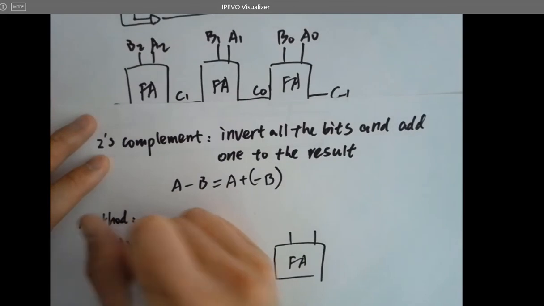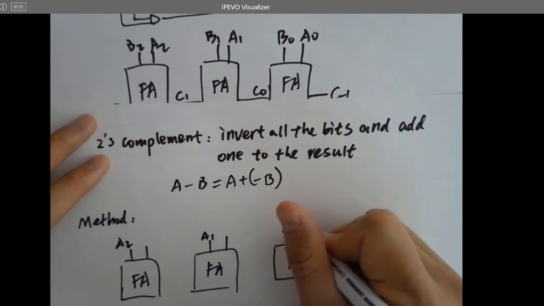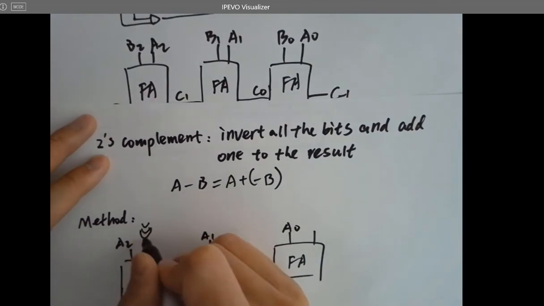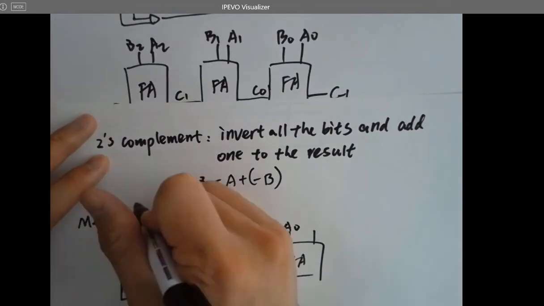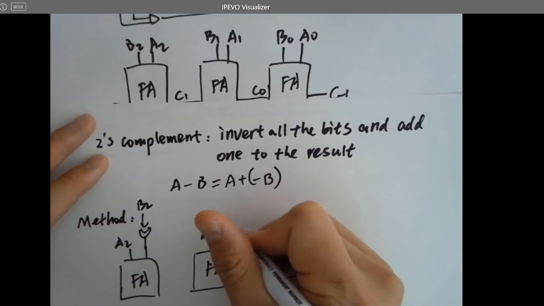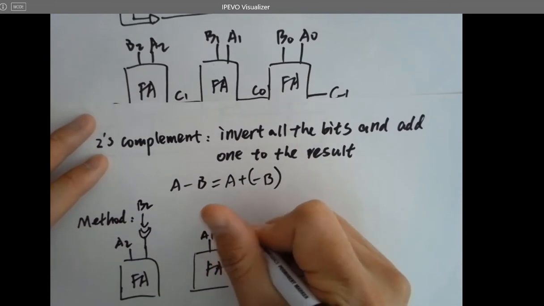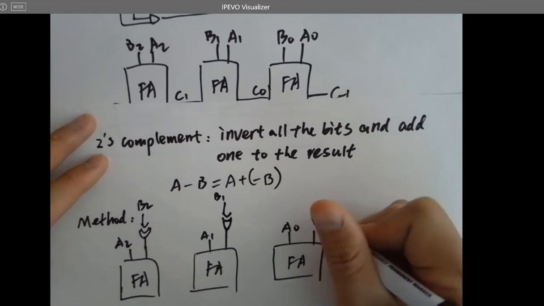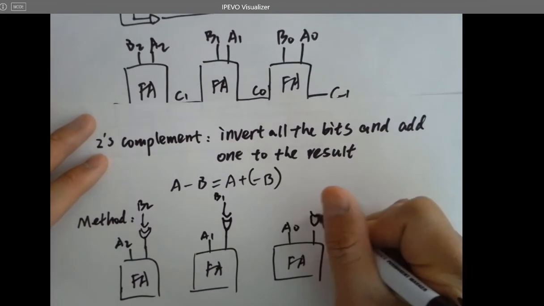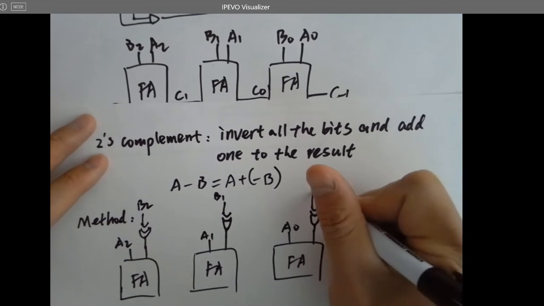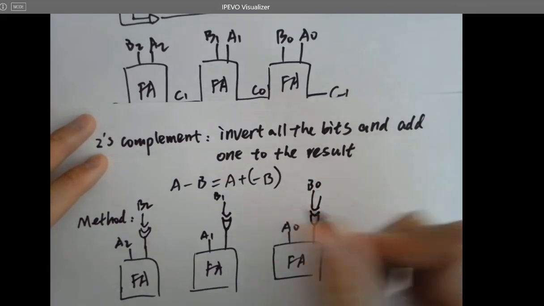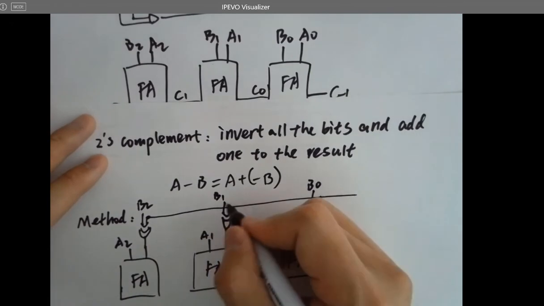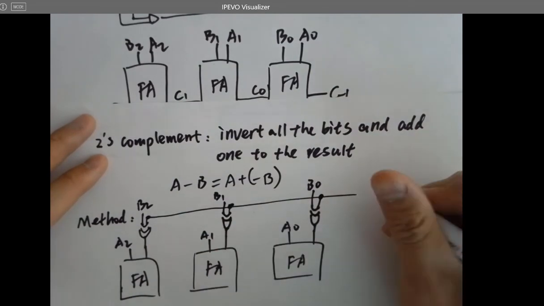That's A2, A1, A0. That's B2, B1, B0. That's a control bit.